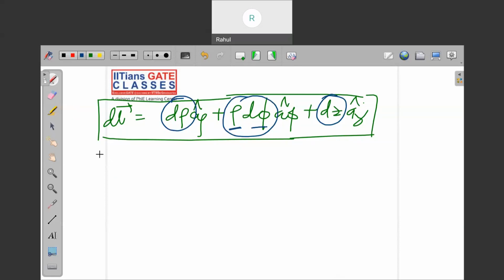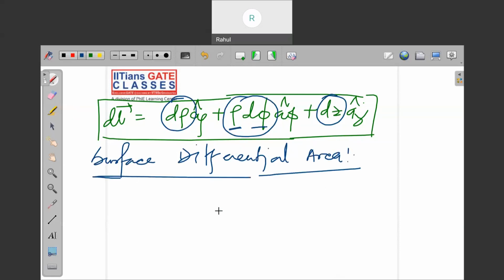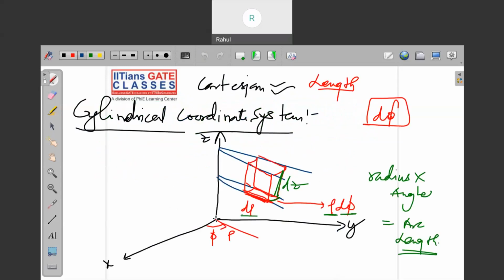If I talk about the differential surface area, now the magic will start, the moment you understand these things. Differential area means, if we take this face on the cube, here d rho and dz are changing, so what is constant here is phi.